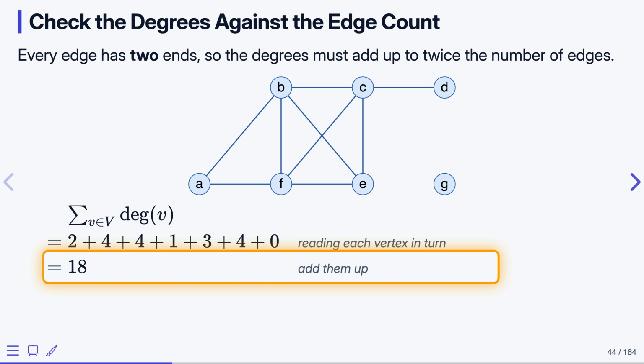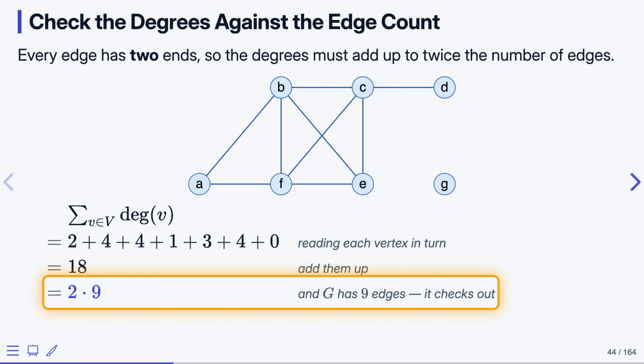Step 2. Add them. 2 plus 4 is 6, plus 4 is 10, plus 1 is 11, plus 3 is 14, plus 4 is 18, plus 0 is still 18. Step 3. Is 18 twice the number of edges? The graph has 9 edges and 2 times 9 is 18. It checks out. If it had not, we would have miscounted somewhere.